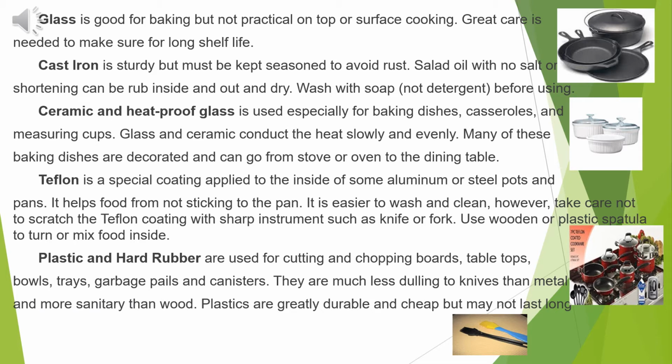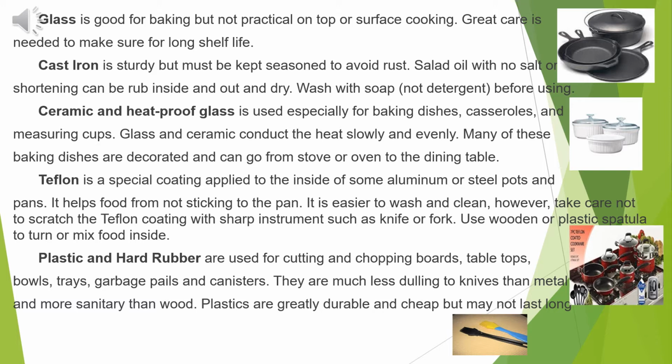It is a special coating applied to the inside of some aluminum or steel pots and pans. It helps food from sticking to the pan. It is easier to wash and clean, however, take care not to scratch the Teflon coating with sharp instruments such as knife or fork. Use wooden or plastic spatula to turn or mix food inside.